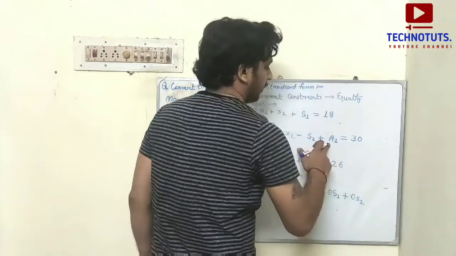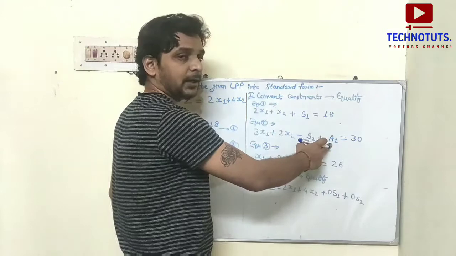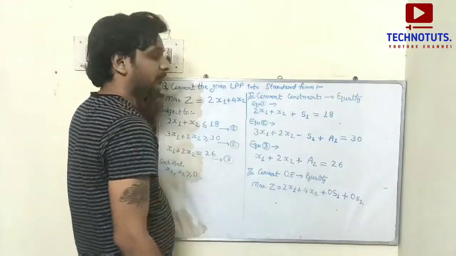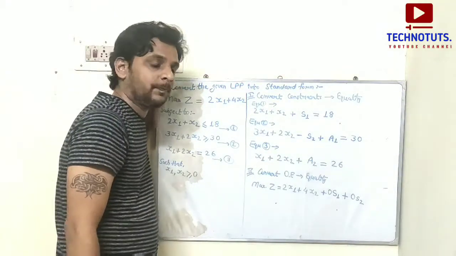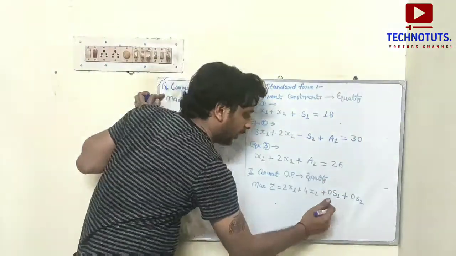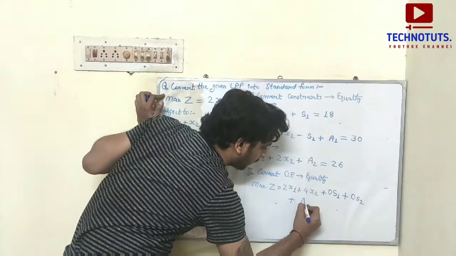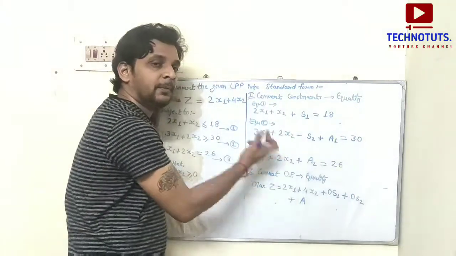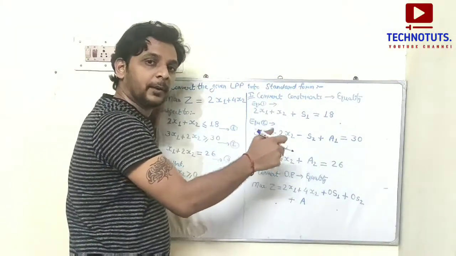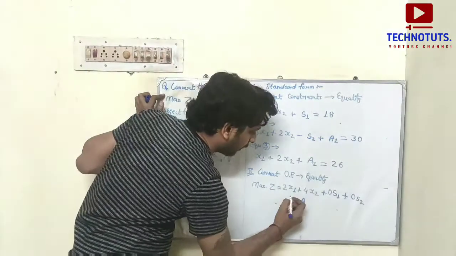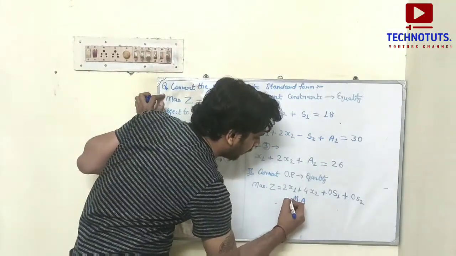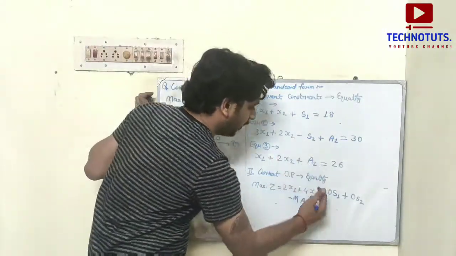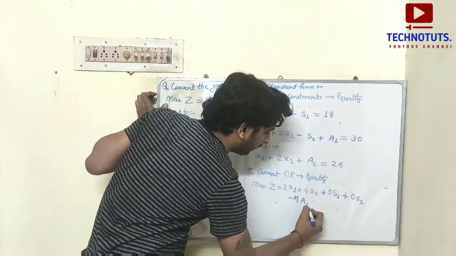Then we will add the artificial variable a in this objective function also. When the question is a maximization problem and we are adding the artificial variable a in this objective function, the coefficient of this artificial variable in a maximization problem is minus M. So it will become minus M a1.